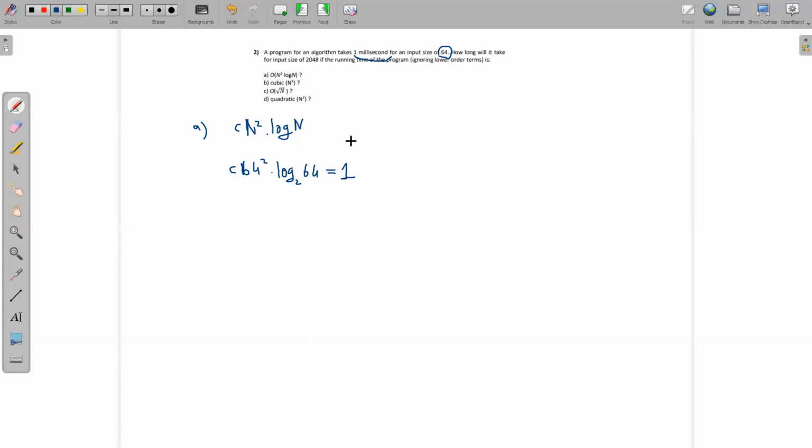So from here, we can get that C is 1 over 2 to the 12 times 6.